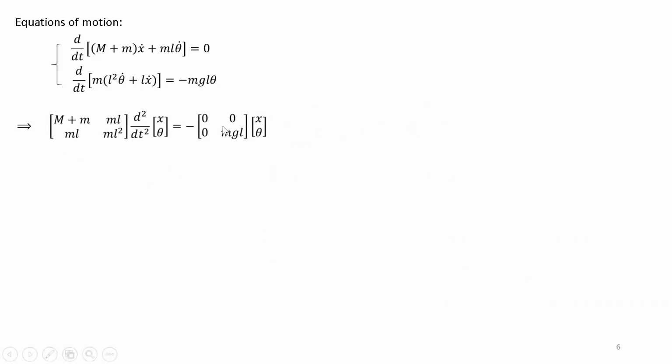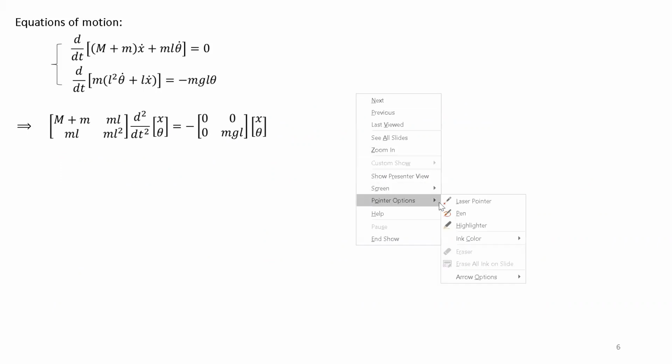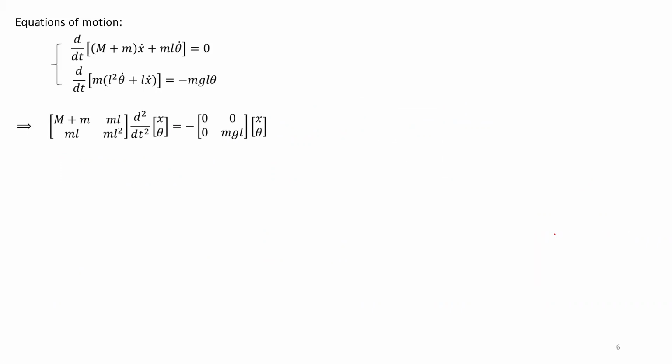This is not really the same form as what we are familiar with. What we had previously for the coupled oscillator was a form that looks like this. I don't have any matrix on the left-hand side, I only have a matrix on the right-hand side.